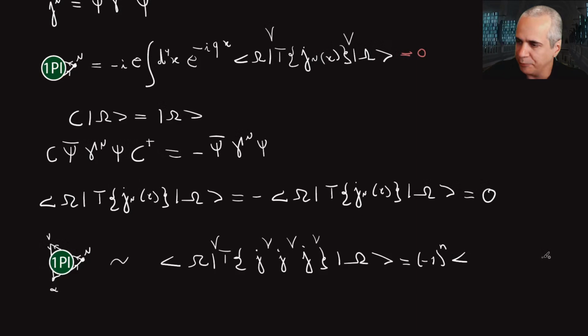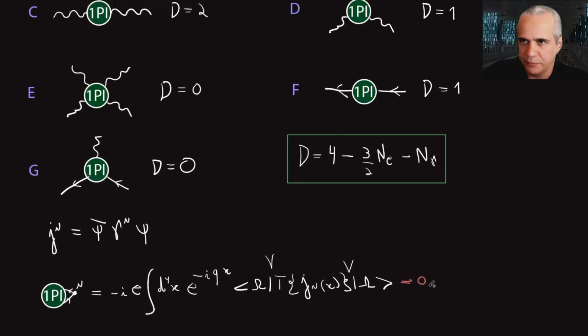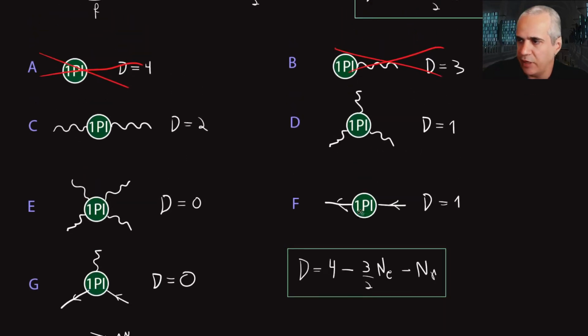Times the same thing. And again, every time this is odd, I need that diagram to be 0. So that also allows me to conclude that I don't have to worry about this guy right here. So all 1PI functions with an odd number of external photons are 0 by symmetry.